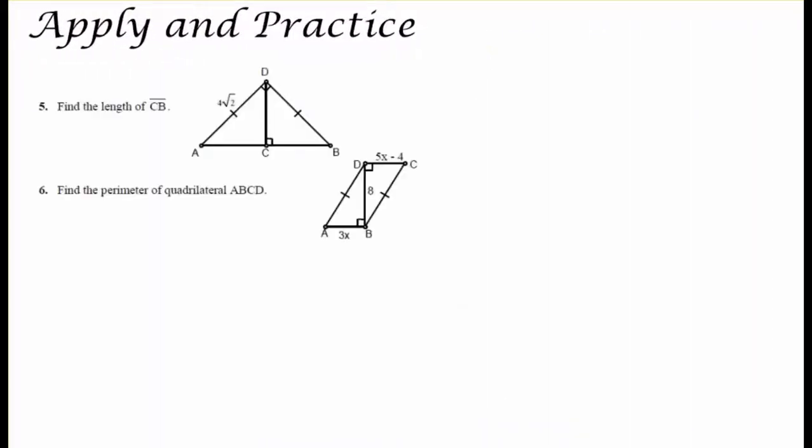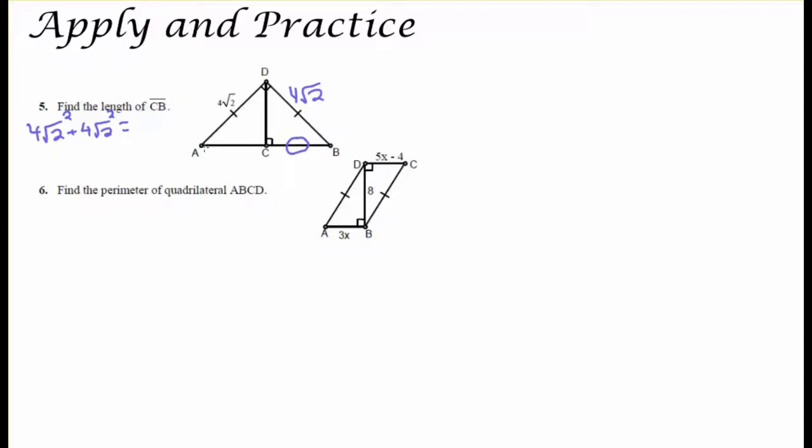Now let's go ahead and apply some of these theorems into practice and solve some problems. In this first problem, I need to find the length of CB, so not the entire hypotenuse, but just part of it. Now these two sides are denoted as being congruent, so they are both 4 root 2, and I'll use both those sides to set up the Pythagorean theorem equation.